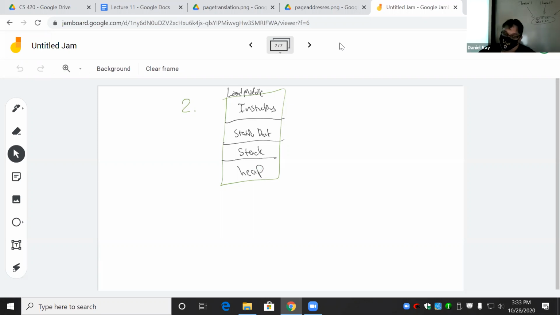The problem of internal fragmentation really gives us fits when we are internally fragmenting, like the stack, for instance. So this is P1, P2, P3, P4, P5. If we're splitting up the instructions, or the static data, or the stack, or the heap, that causes us a lot of overhead and a lot of problems, right?